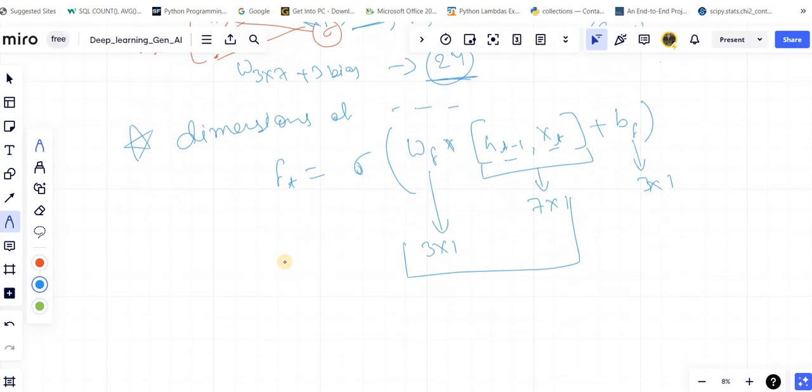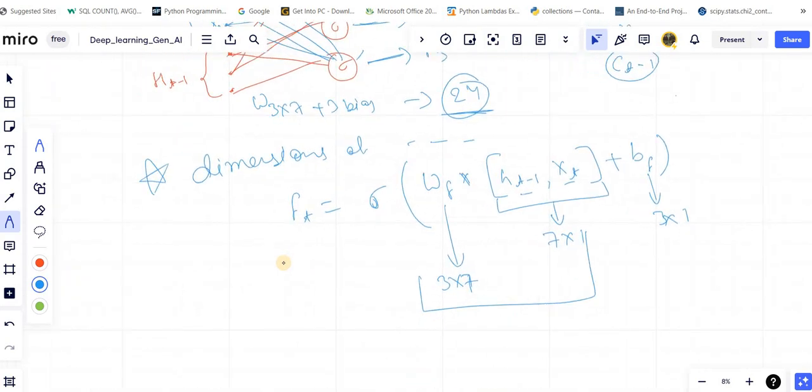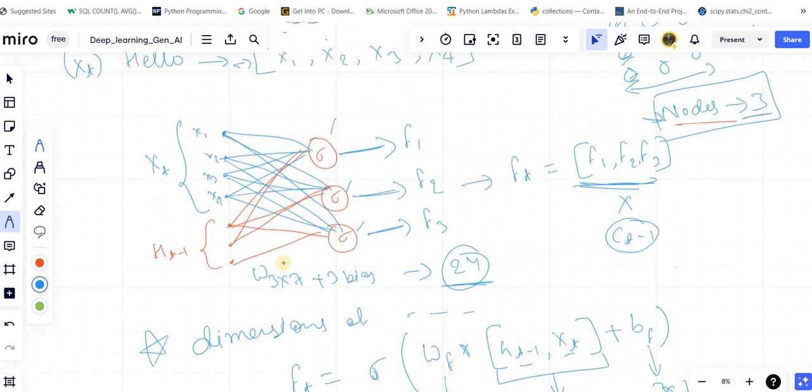So 3 into 7, 7 cross 1, so it will become 3 cross 1, and then you add the bias. So this is how the ft dimension comes, 3 cross 1, which I showed you.